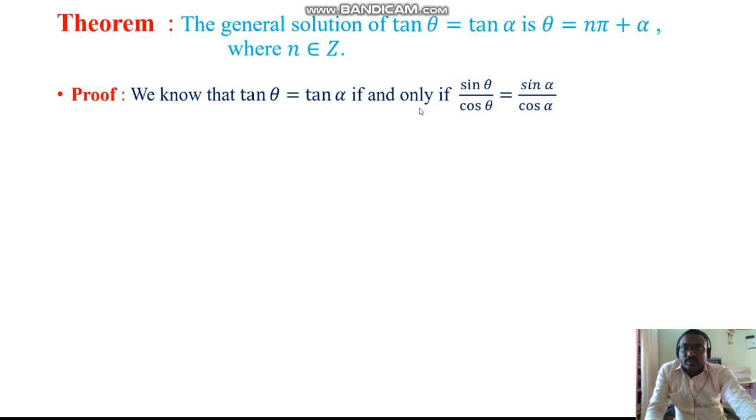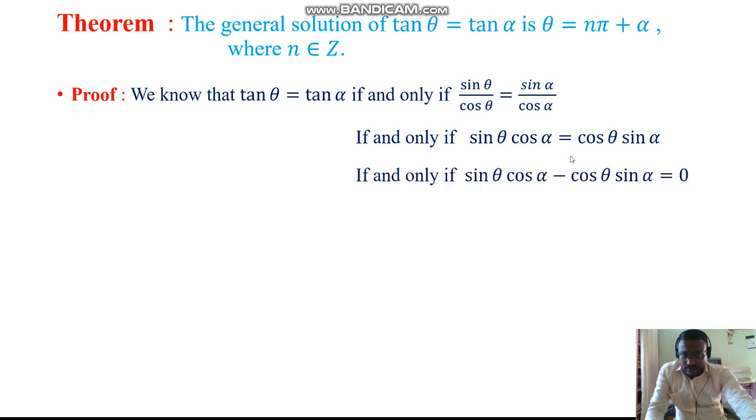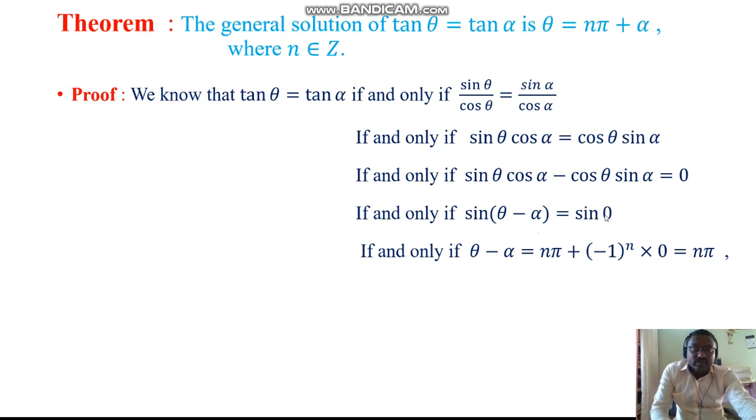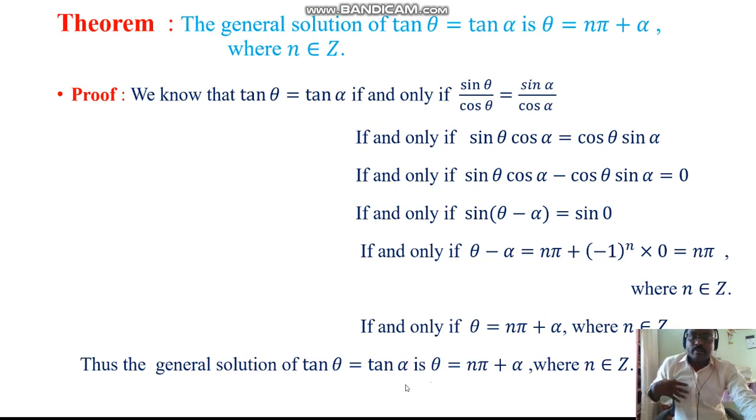We know that tan theta is equal to tan alpha if and only if, on cross multiplication, we get sin theta cos alpha minus cos theta sin alpha equal to 0. Taking the right hand side term on the left hand side, we write this using the formula for sin a minus b, sin of theta minus alpha, equal to 0, that is sin of theta minus alpha is equal to sin 0. By the formula for the general solution, theta minus alpha is equal to n pi plus minus 1 raised to n into 0, and alpha here is 0, and we get theta minus alpha is equal to n pi, therefore theta is equal to n pi plus alpha. This is the general solution of tan theta is equal to tan alpha.